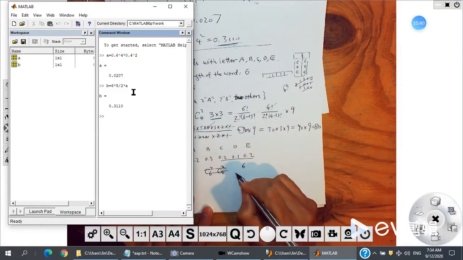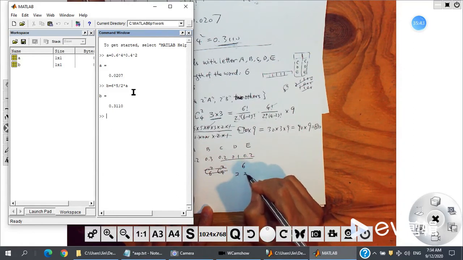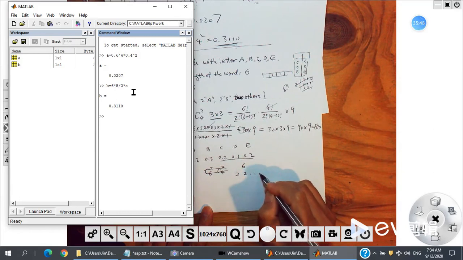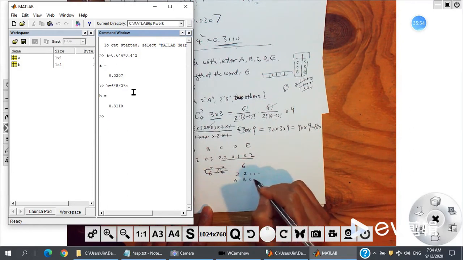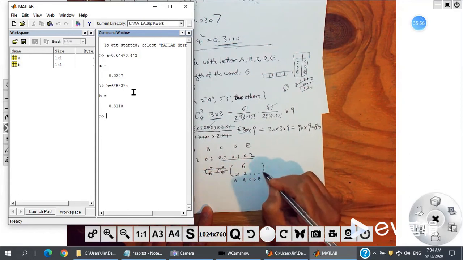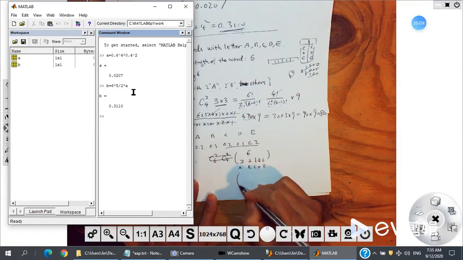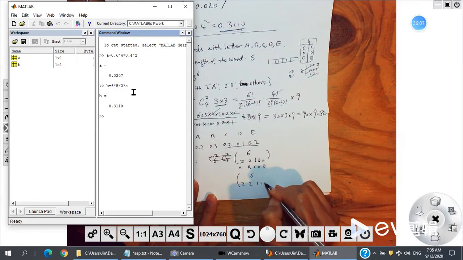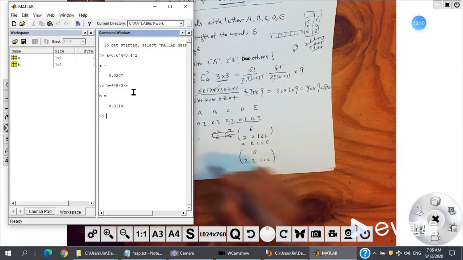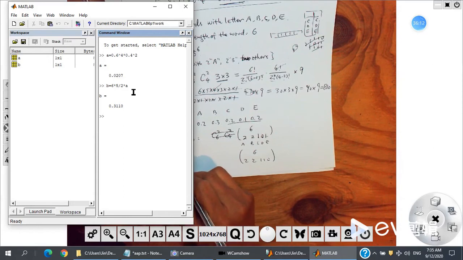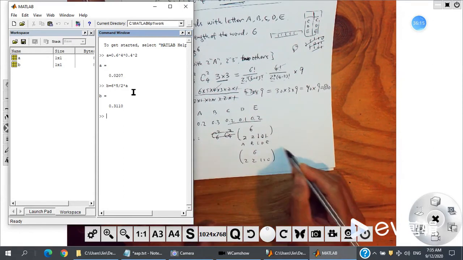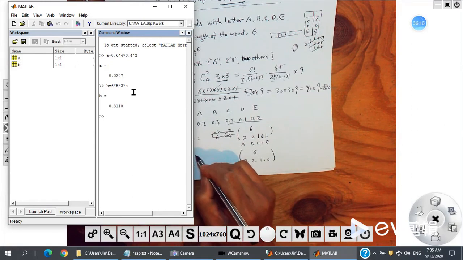I choose 2 for A, 2 for B, and I have another 2 locations with another 3 letters among A, B, C, D, E. So among 6, how many C, how many D, and how many E? That will be 1, 0, 1. This is the case, and 6, 2, 2, 1, 1, 0. This is another case, and 6, 2, 2, 0, 1, 1. So I have these 3 cases.